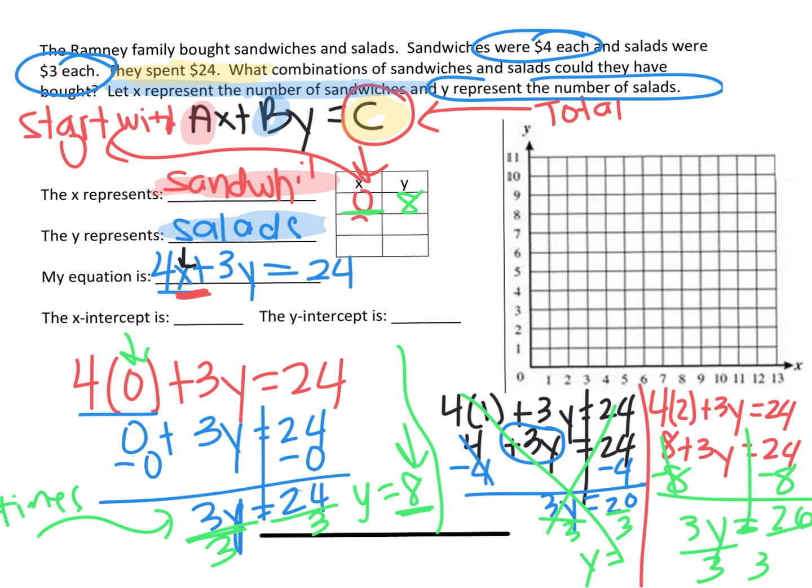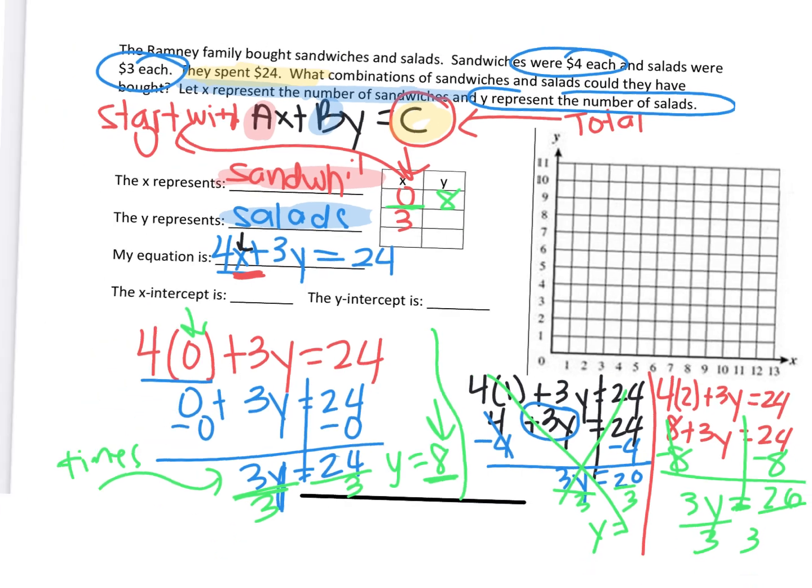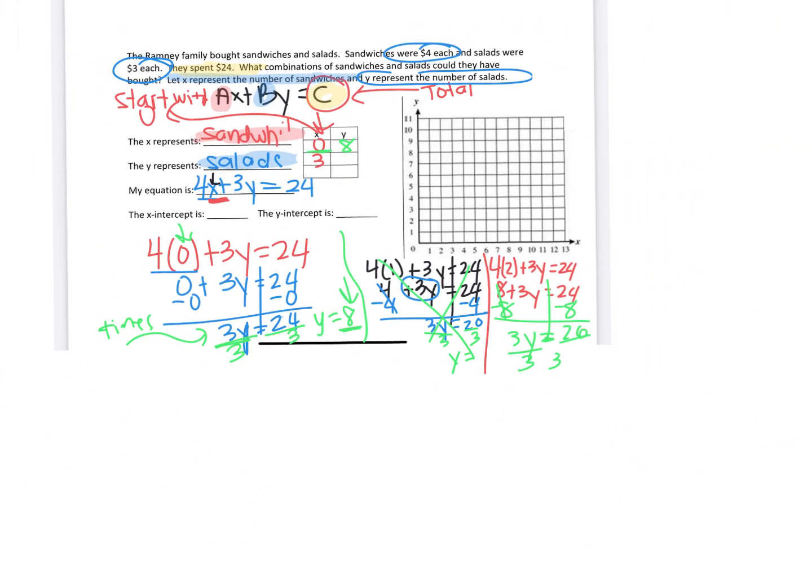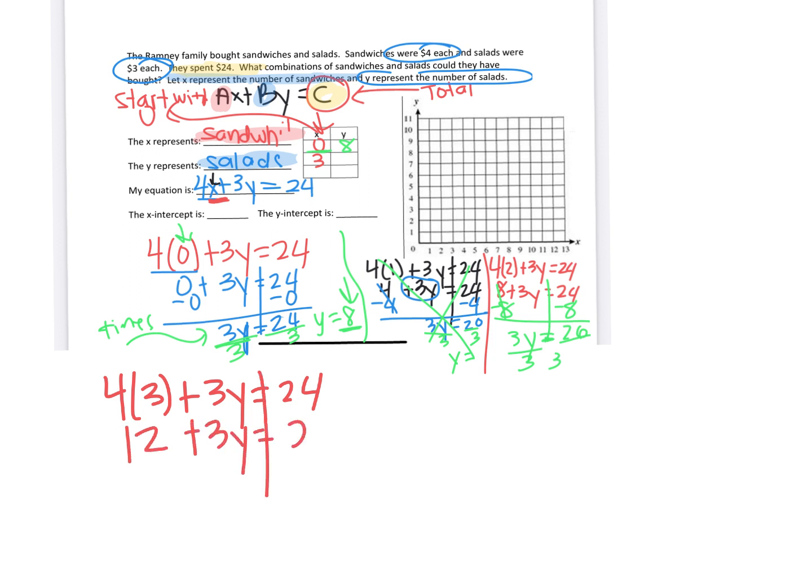What comes after 2? I have to try 3. Your paper is a whole paper, so you can write now on the bottom. Now I'm putting in 3. 4 times 3 plus 3y equals 24. 4 times 3 is 12. Now to get rid of the 12, I have to minus 12.